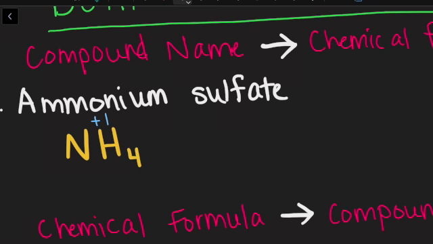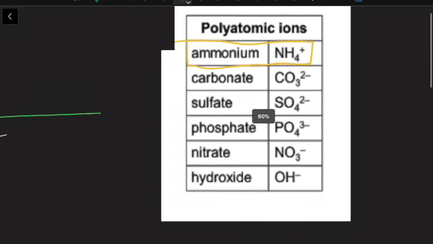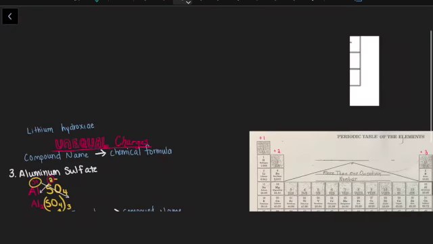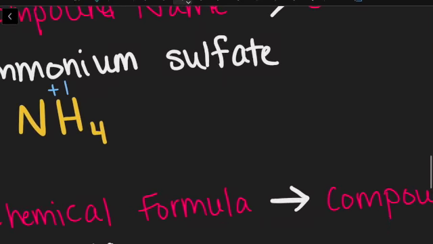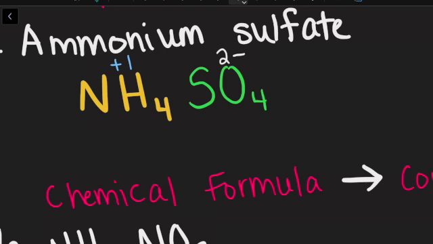Okay, sulfate. Let's find sulfate on our polyatomic ion chart. It is SO4 2-. Okay, now this is very important.